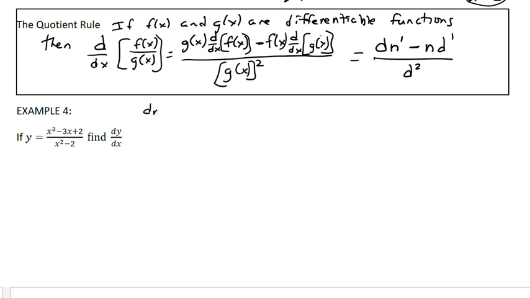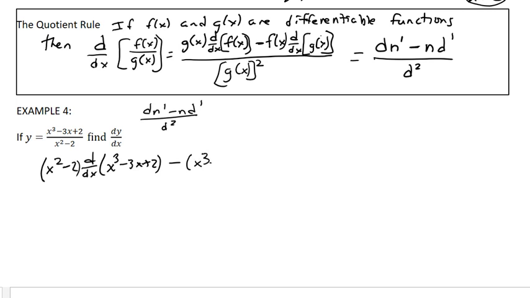So in this case it would be x squared minus 2 times the derivative of x cubed minus 3x plus 2, minus the numerator x cubed minus 3x plus 2 times the derivative of the denominator x squared minus 2, all over the denominator squared.